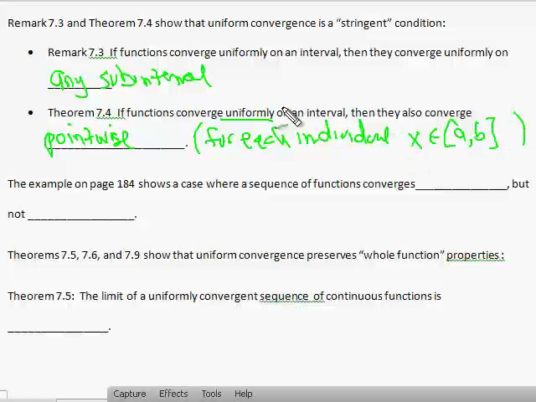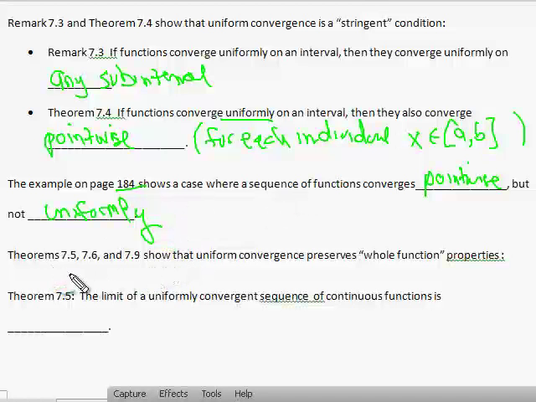Okay. Uniform convergence is a stronger condition than pointwise convergence. Very important. Okay. The example on page 184 shows a sequence of functions where it converges pointwise but not uniformly. And in fact, the example I gave at the beginning of this lecture is another example of such a case.